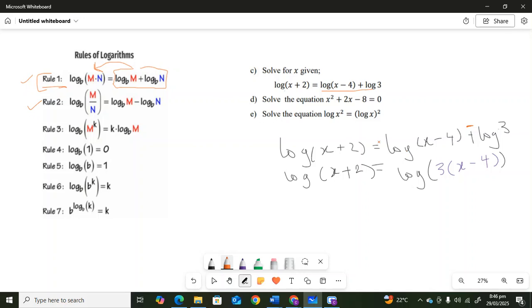Once we reach this part, you just get rid of the logarithms now, so that you remain with purely algebraic expressions. So this becomes x plus 2 equals 3 times x, 3x, 3 times negative 4, that gives us negative 12.